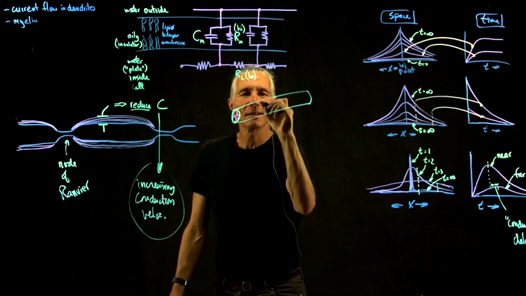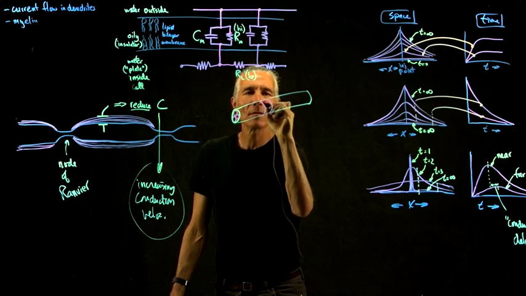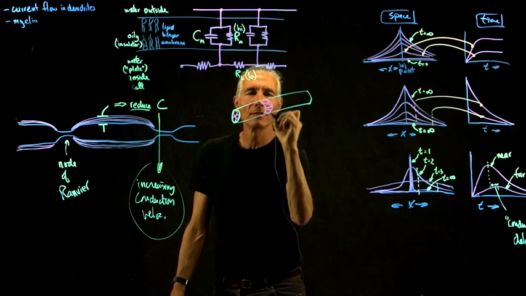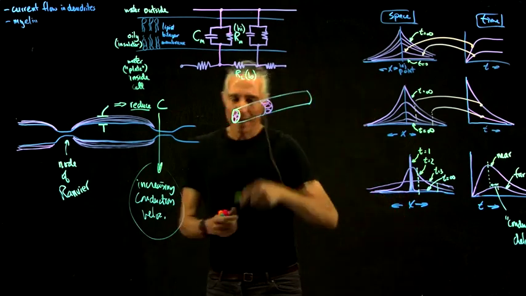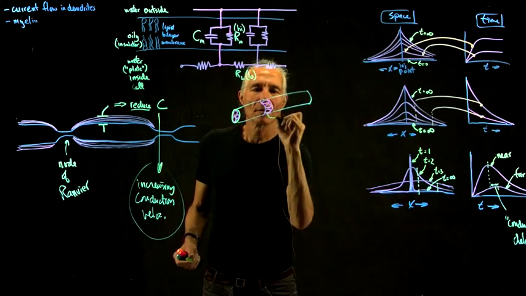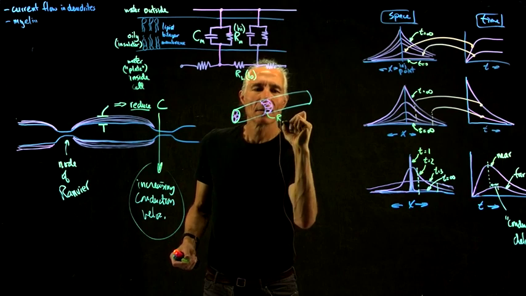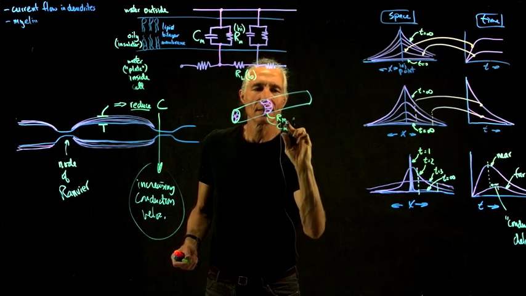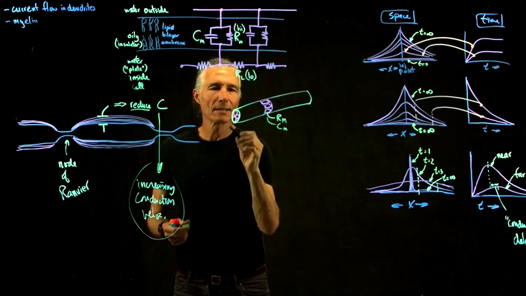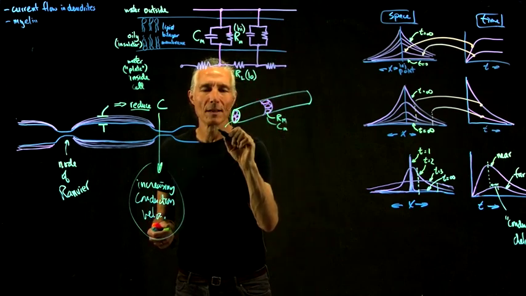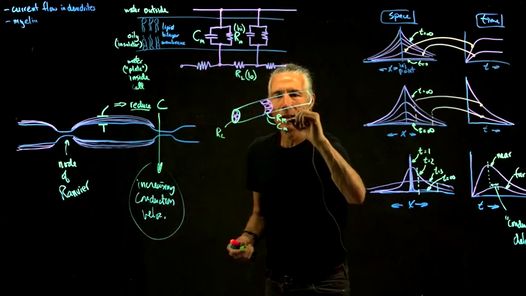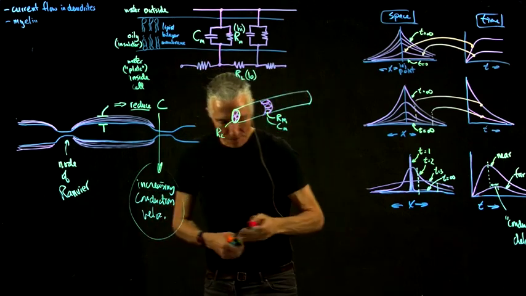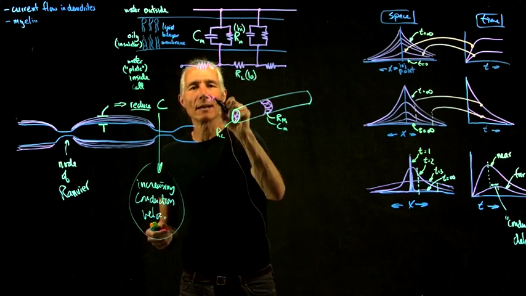And here's a little stretch around the membrane, and here are some units of area going around the membrane. So that area is going to tell you about the membrane resistance and the membrane capacitance. And then these things are going to tell you about the longitudinal resistance. So that's a small axon. So now let's make a bigger axon.